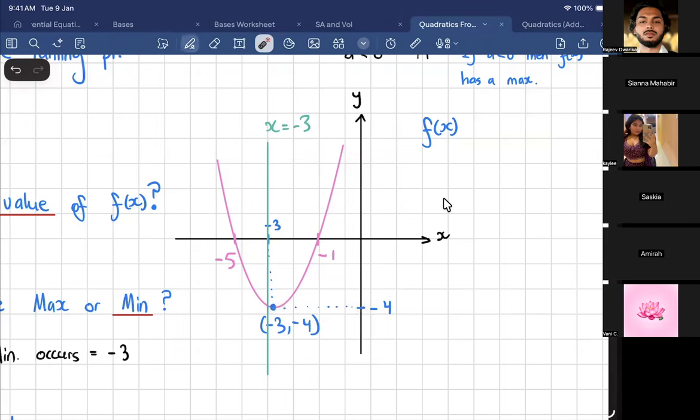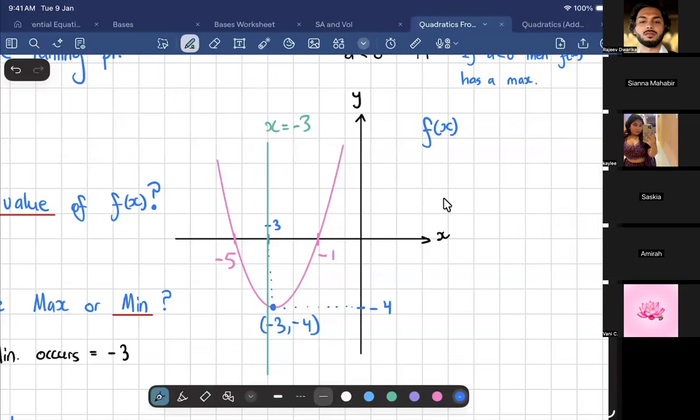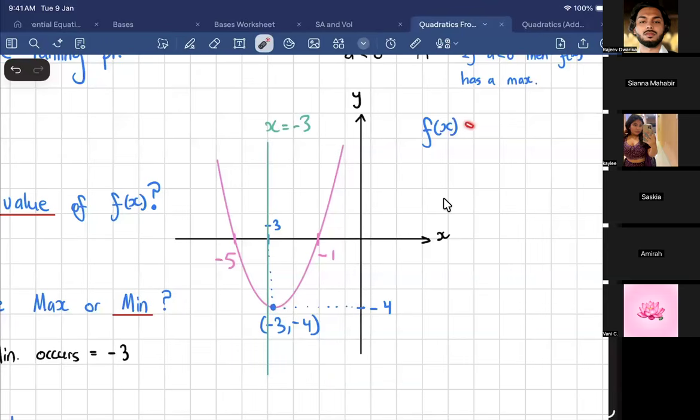So you would need to say that f of x, which is y, is more than or less than -4?